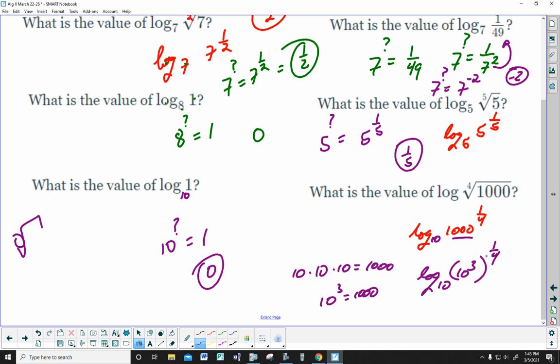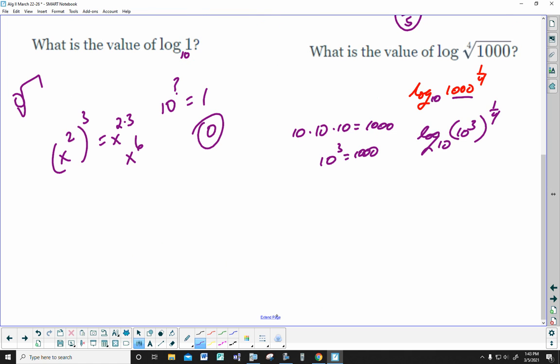When you have an exponent on an exponent, like x squared cubed, what do you do with your exponents? That's x to the 2 times 3, or x to the 6th. So what do you do with these exponents? You multiply them.